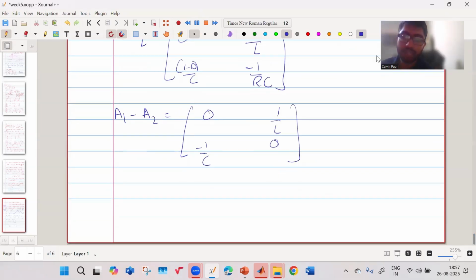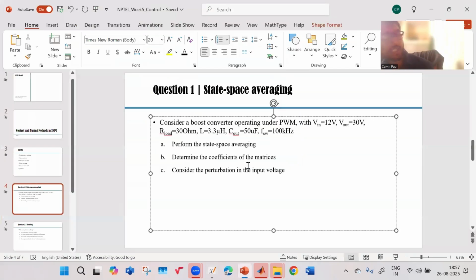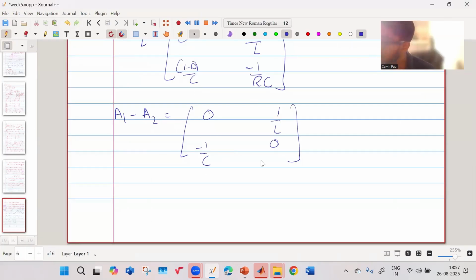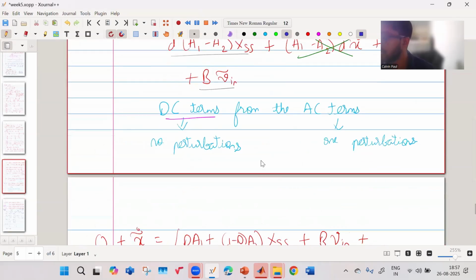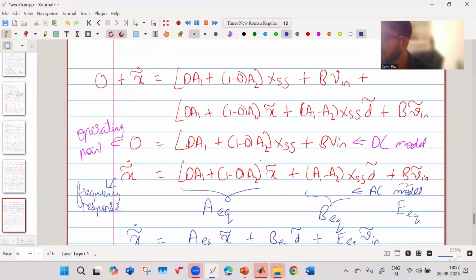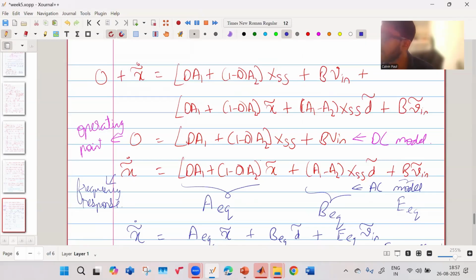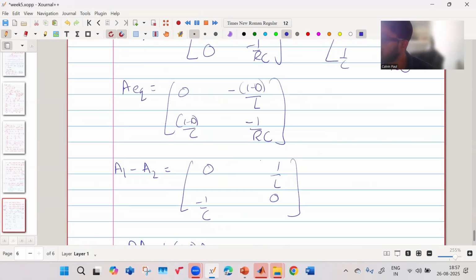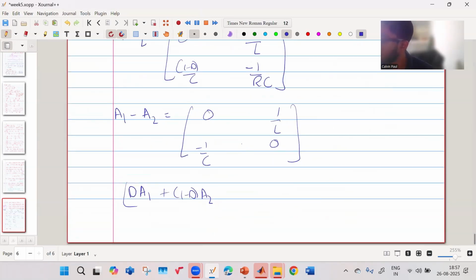In our case, we have to find the coefficients of the matrices. So we have D into A1 plus 1 minus D into A2 into X steady state plus B into Vn.